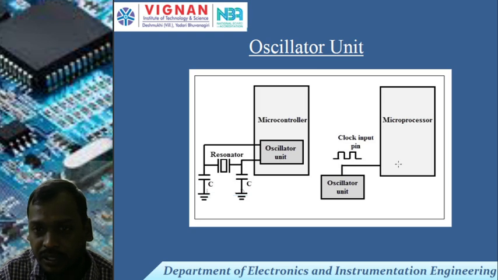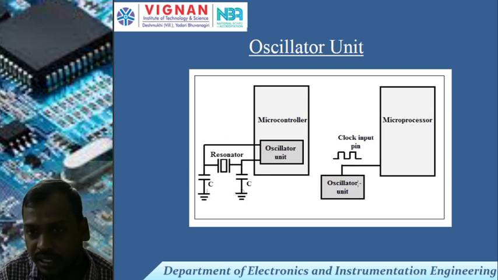In any microprocessor or microcontroller, at the input you have the oscillator unit, or here we take the resonator. Using the crystal oscillator, the crystal generates the frequency. With the help of the capacitors we get the 11.059 megahertz, which is given to the 8051 microcontroller.